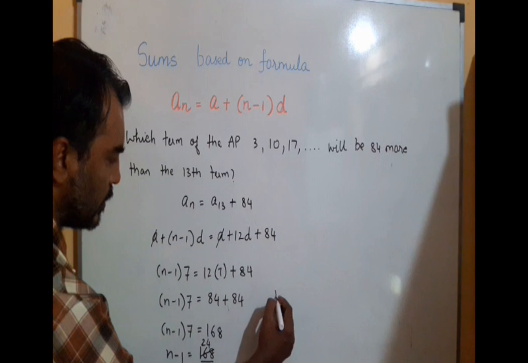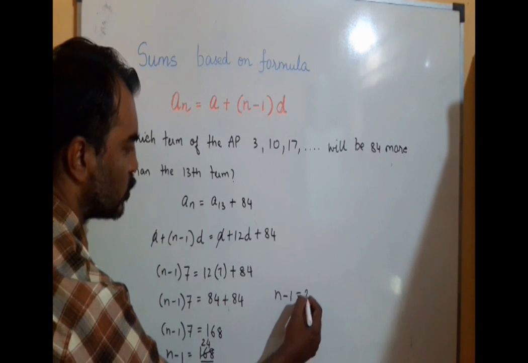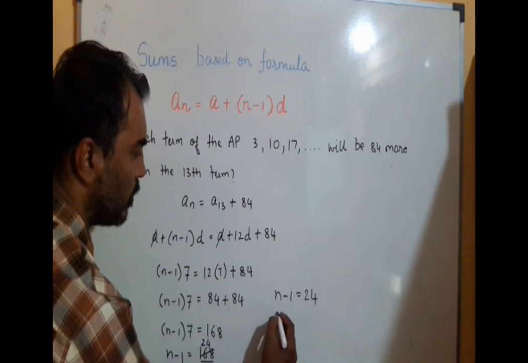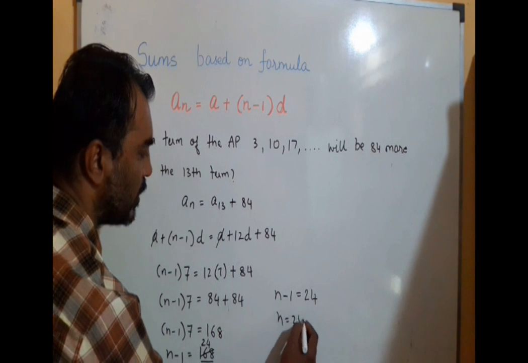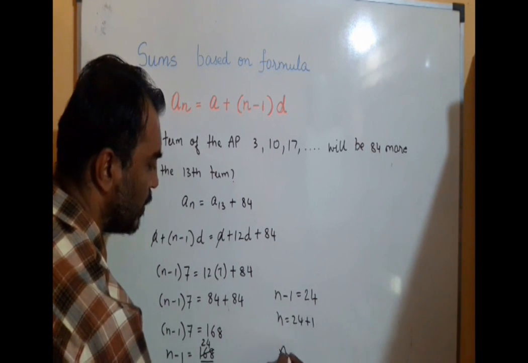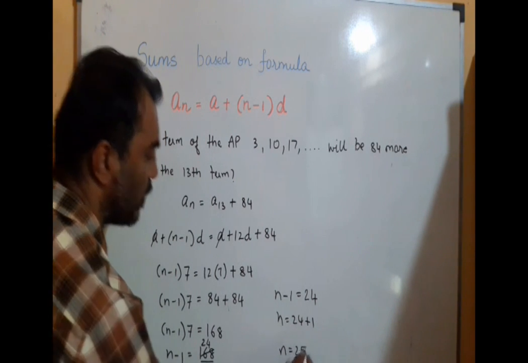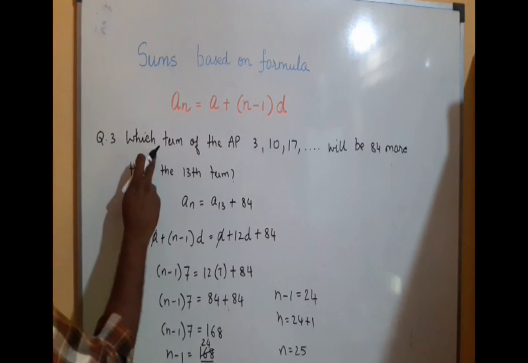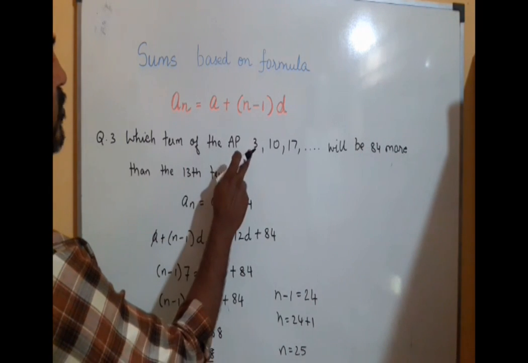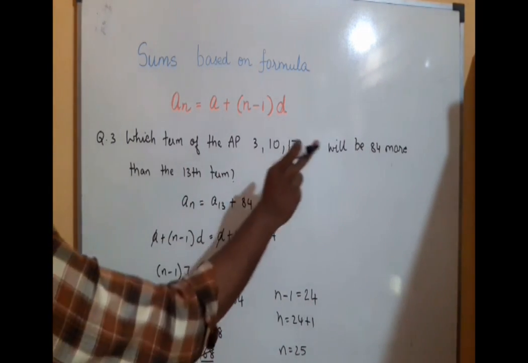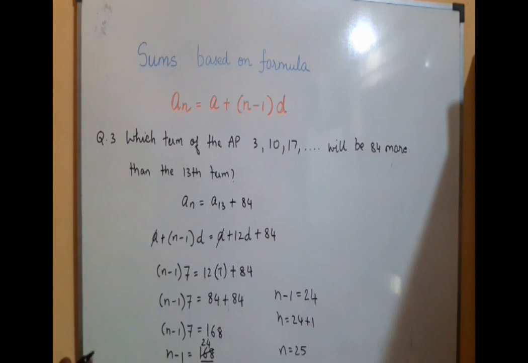So we get n minus 1 equal to 24 or n equal to 24 plus 1, n equal to 25. So the 25th term of this sequence will be 84 more than the 13th term.